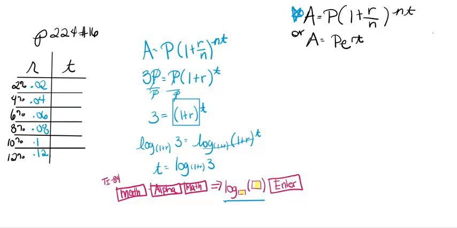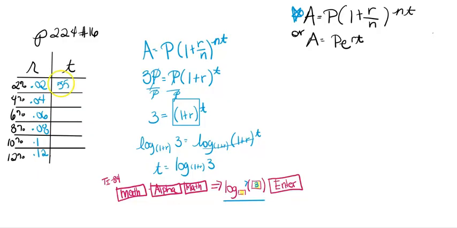And then you're going to hit the right arrow, and then you're going to hit 3, because you're taking the log base 1 plus r of 3. So this will be a 3 right here. And then you're going to hit enter. And whatever numbers you punched in, like if you punched in the 1.02 the first time, and then the 3, and hit enter, you're going to end up getting this number right here, rounded.